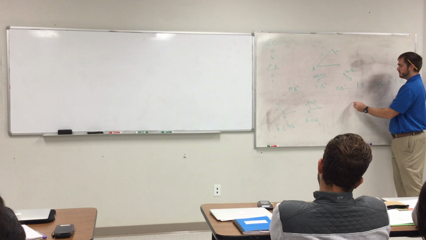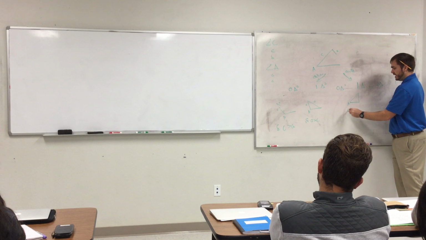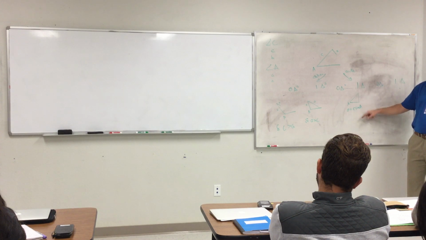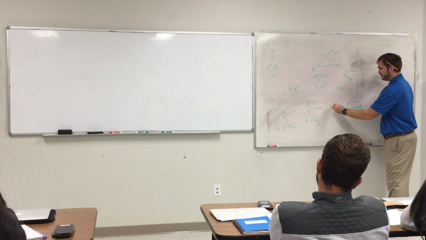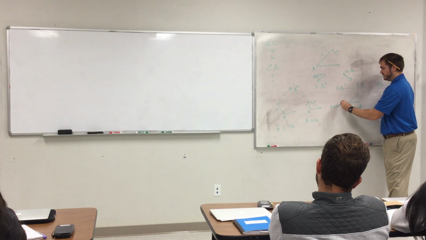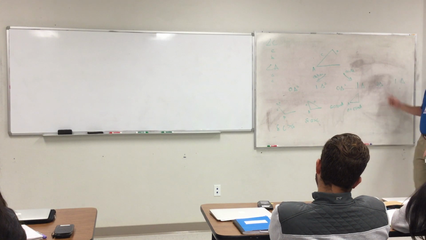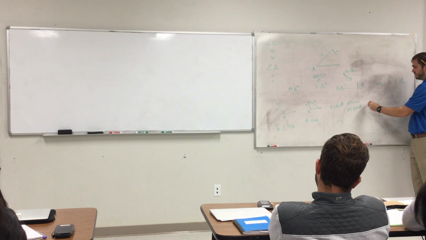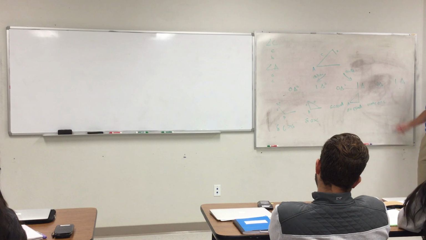It's one triangle if A is equal to C sine of your angle, okay? It's zero triangles if A is less than that. It's two triangles if A is bigger than C sine A, but less than C.